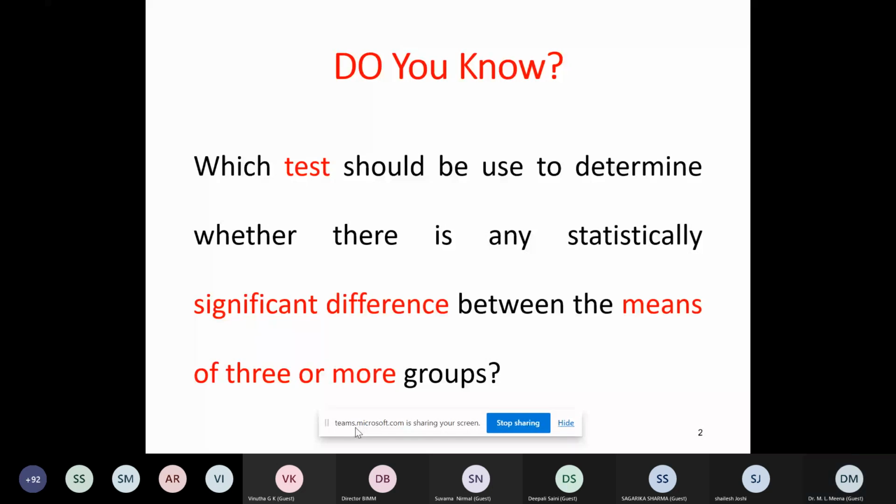So, do you know which test should be used to determine whether there is any statistically significant difference between the means of three or more groups? So we know that our answer is ANOVA.